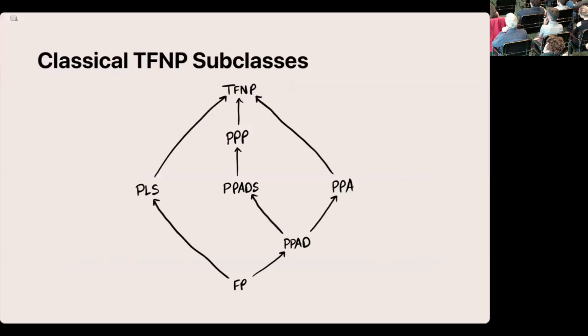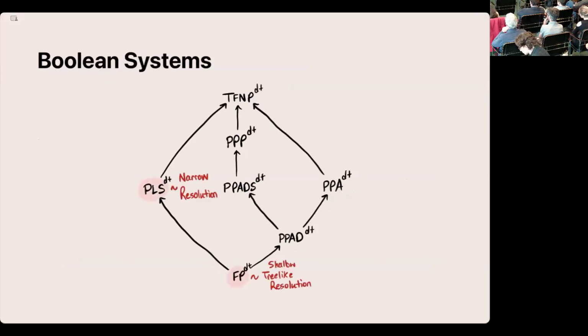And now let's look back at the sequence of the classical TFNP subclasses and take a look at what corresponds to what. Well, these two we already talked about, and in particular, these two characterizations follow from the bounded arithmetic results that I mentioned at the beginning of the talk, right? So PLS corresponds to narrow resolution, and FP corresponds to decision trees, or shallow tree-like resolution, low depth resolution.